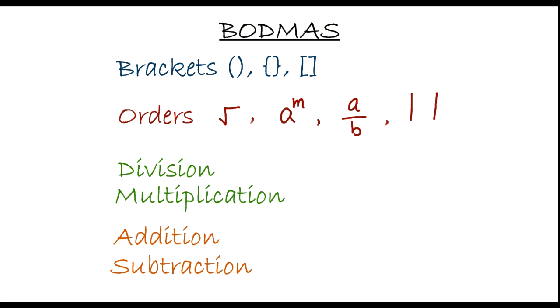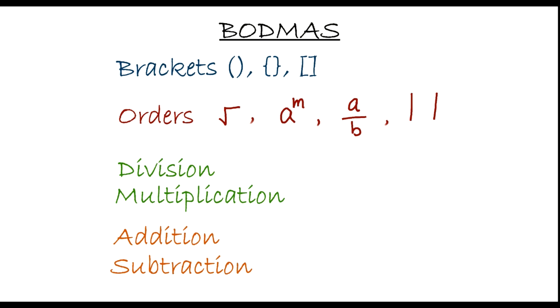BODMAS is a word. With this word you can remember the sequence and do accordingly. The first letter B stands for brackets, and brackets include all kinds of brackets, like parentheses, braces, or square brackets.